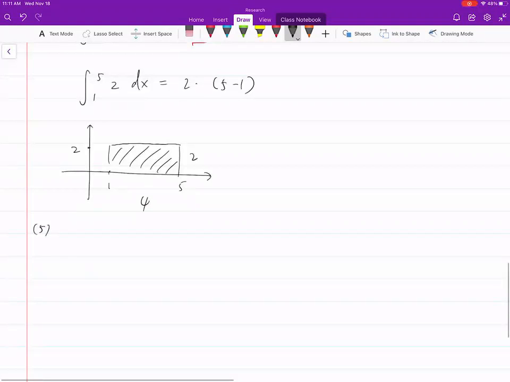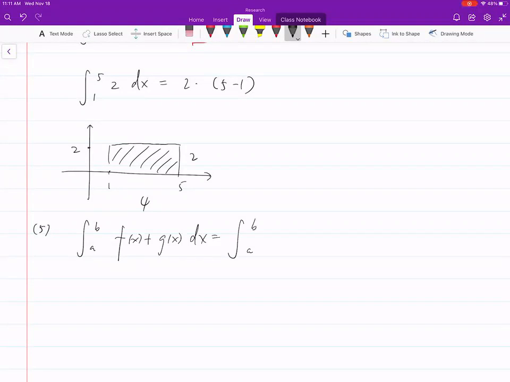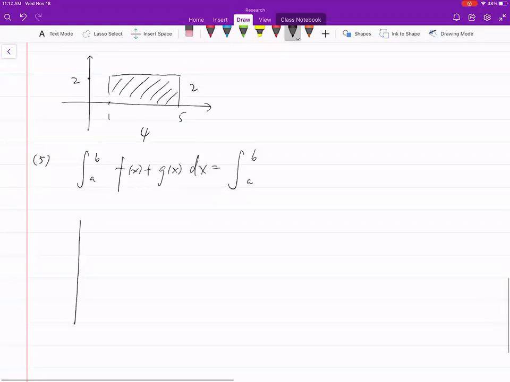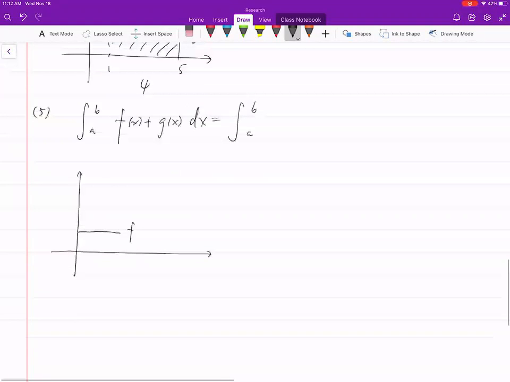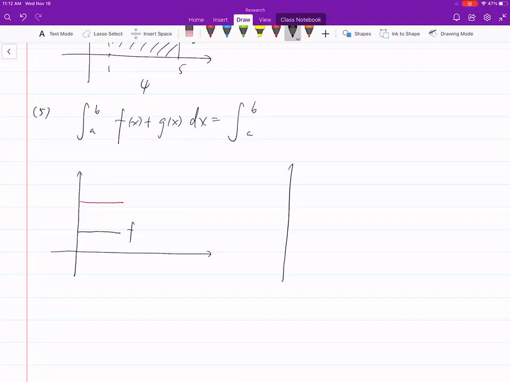Number 5. F plus G. It's probably going to be hard for me to draw, so let's just draw rectangle cases. If this is F, and this is G, then F plus G, this plus that, will be even higher, right?